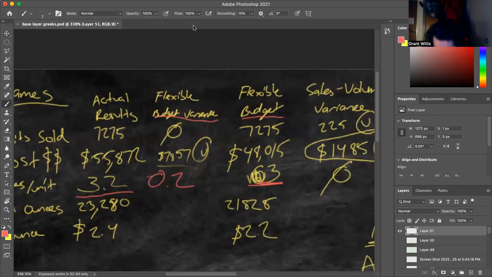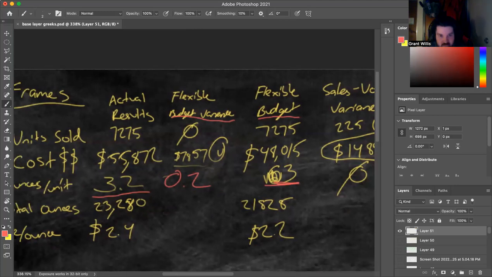You're talking about ounces per unit? Well, ounces per unit is just 3. They give it to you in the question. Oh, it doesn't change. Okay. Yeah, because the standard input is 3 ounces, and standard is for flexible budget. Okay, I did a calculation for that. I guess I didn't need to.